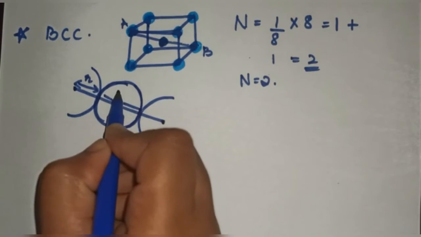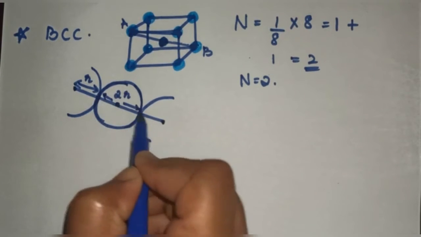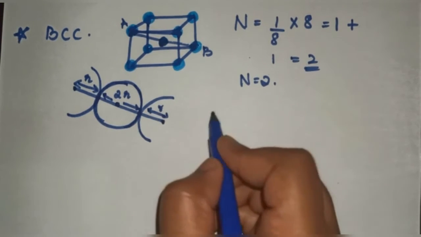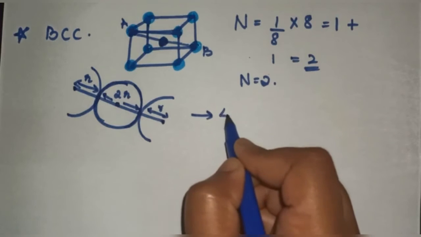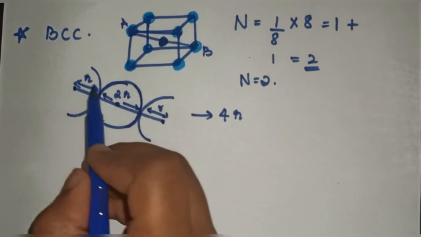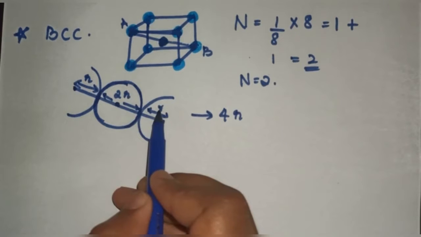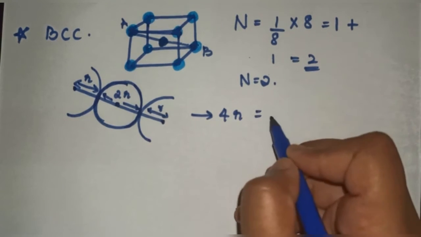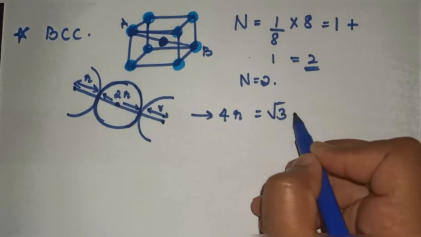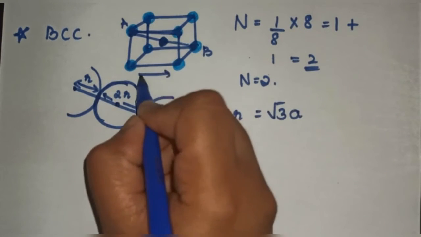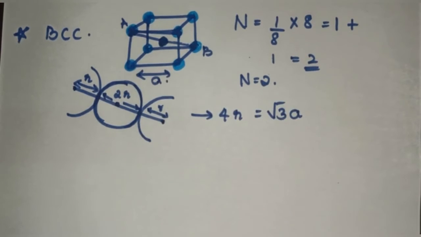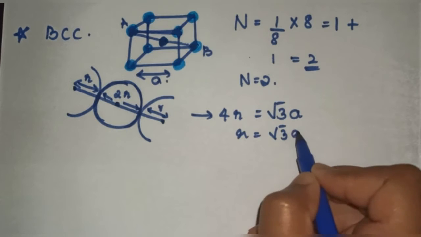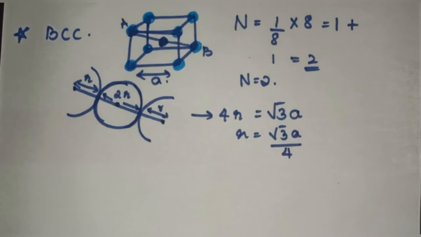This and this will be 2R. And this will be 1R. So this will be 4R. 1 plus 2, 3. 3 plus 1, 4. Now the formula for diagonal will always be root 3 into side. So let's take side as a. Now R is nothing but root 3a by 4.